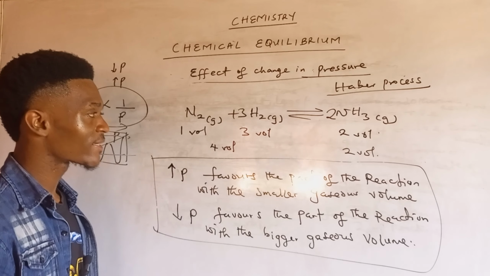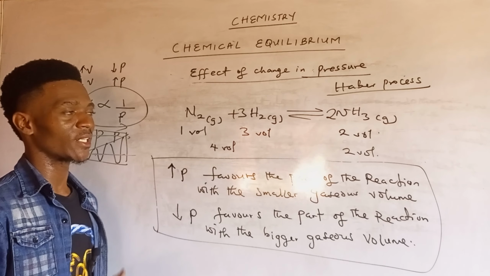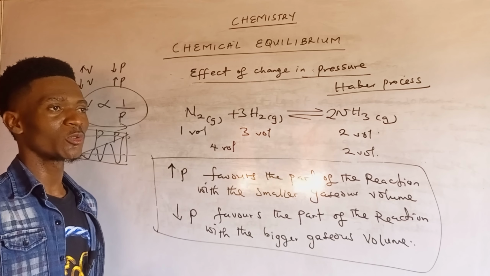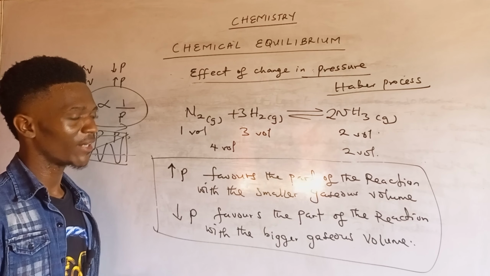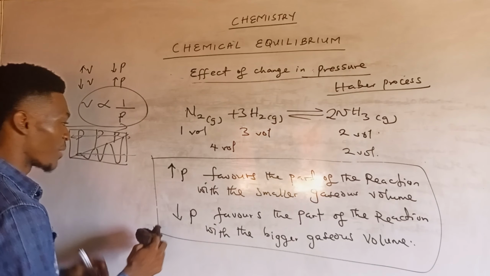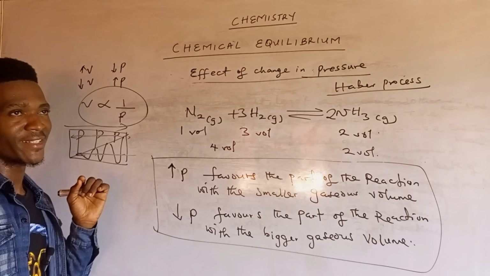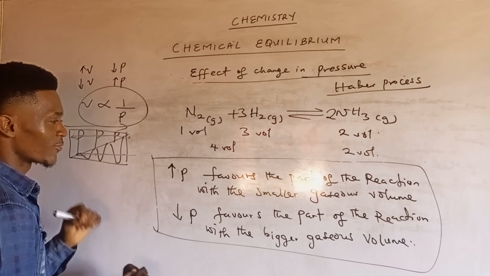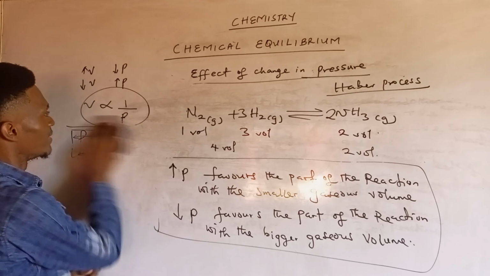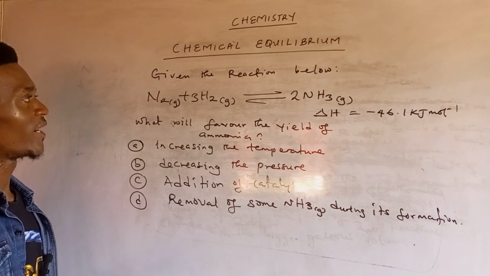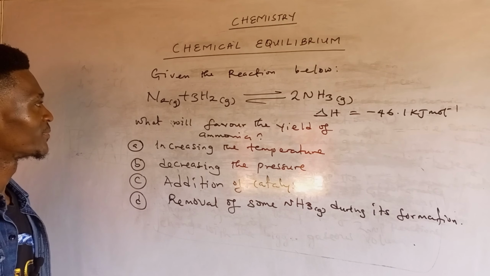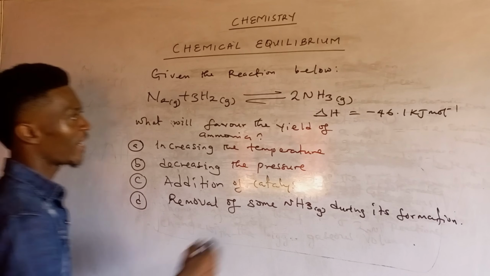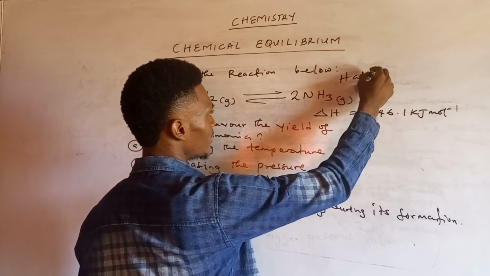All right. There is a miscellaneous question that I'll be dropping, and I would want you to give me your suggestion on it. Maybe I will give some seconds for me to see whether you understand. On the board, we have the question. Now, this is still a Haber process, no doubt.